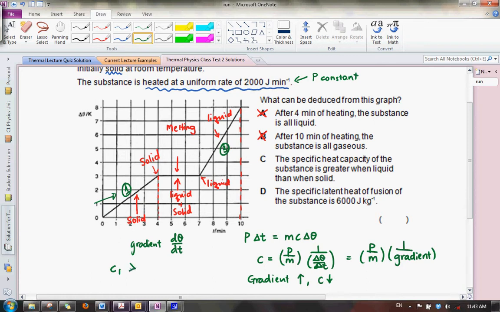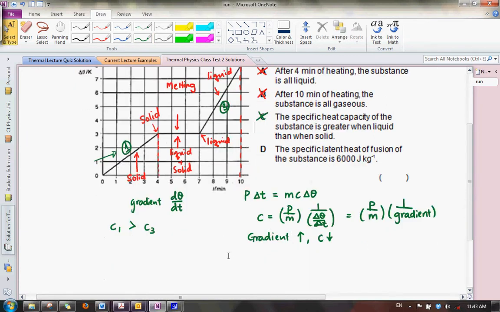So the specific heat capacity in the first stage is larger than the specific heat capacity in the third stage. So the specific heat capacity when it is in solid phase is larger than when it is in liquid phase. So this is a false statement. Okay, now let us look at part D.